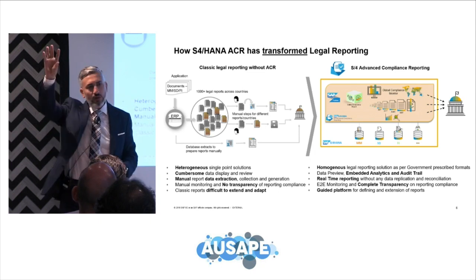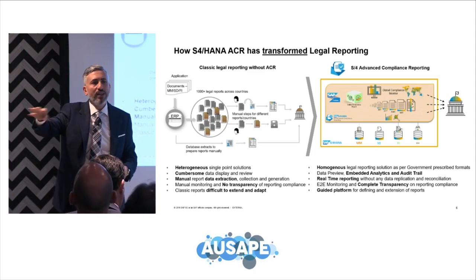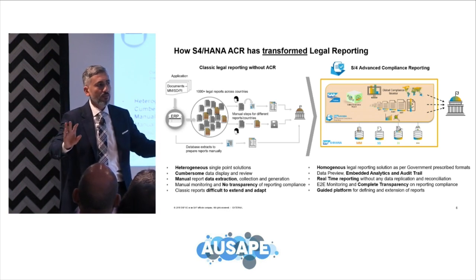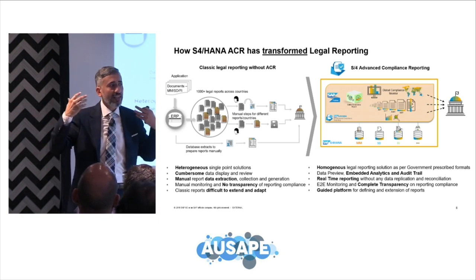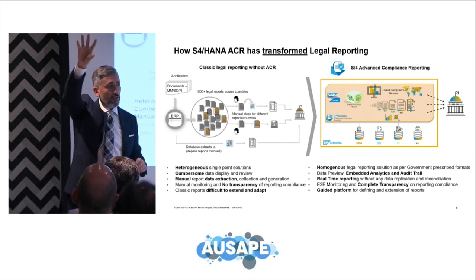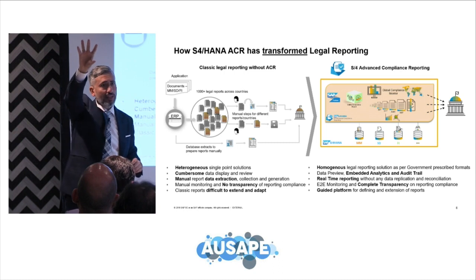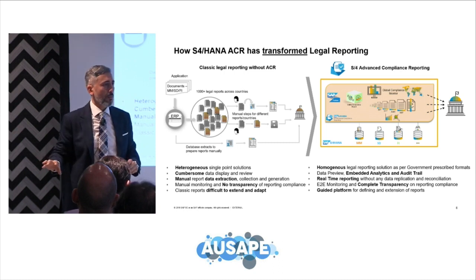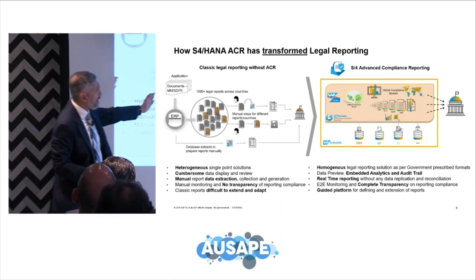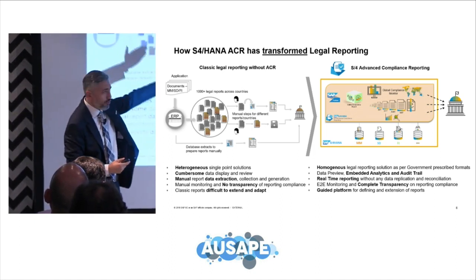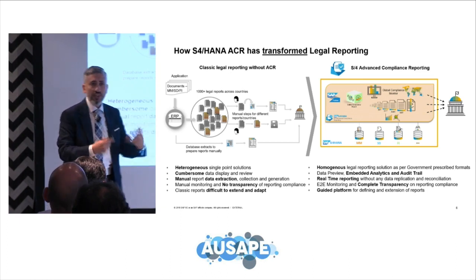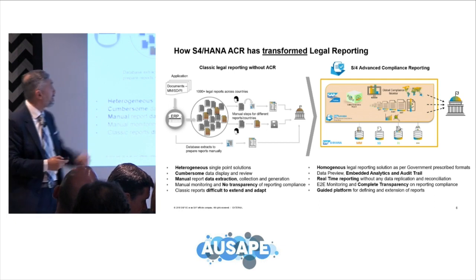The other one is a cloud service which can be connected to any other application, not necessarily even SAP. That's the whole concept that I explained in my first presentation about SLH: I develop a cloud service, I put it over cloud, and I just connect it to my system. So going back to S4 ACR, this is the platform that we use today, which is already pre-connected to our database to extract the data in the right format and send it to the authority.